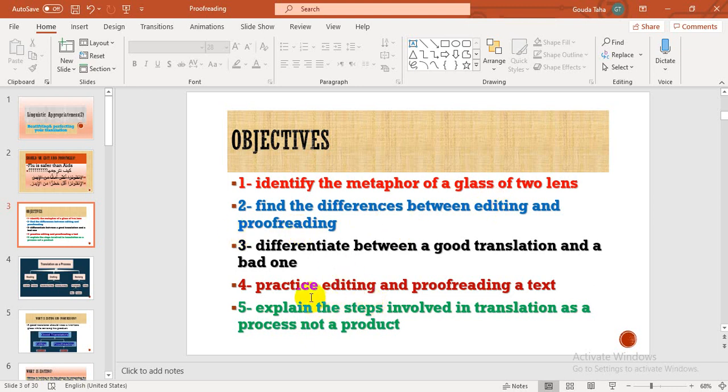And also we practice editing and proofreading a text, and we explain the steps involved in translation, which are read, translate, and revise. So that's it for today. Thank you so much and wish you all the best.